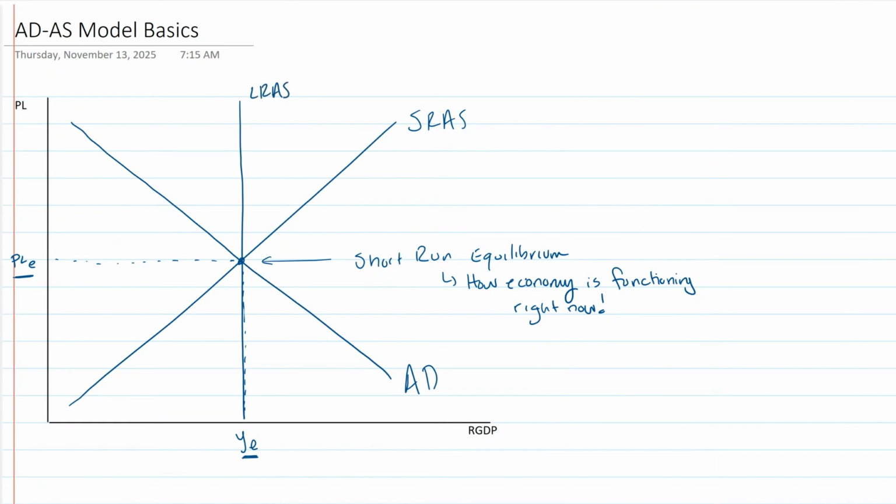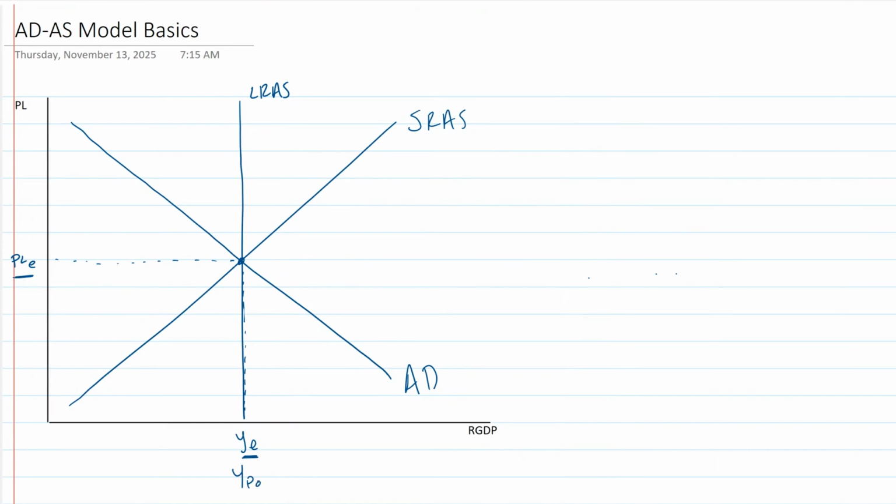And we have to remember that this LRAS curve is always vertical at a point that we call YP, or potential output. And when the LRAS curve, our potential output in the economy, is lined up with our short run equilibrium, then this economy is now said to be in a long run equilibrium.